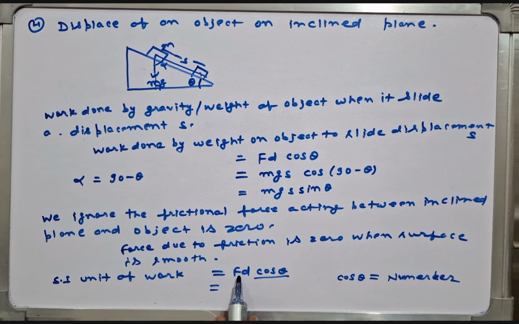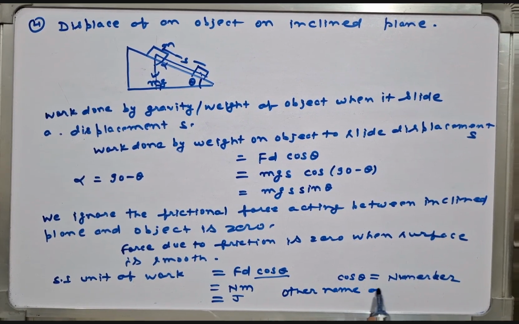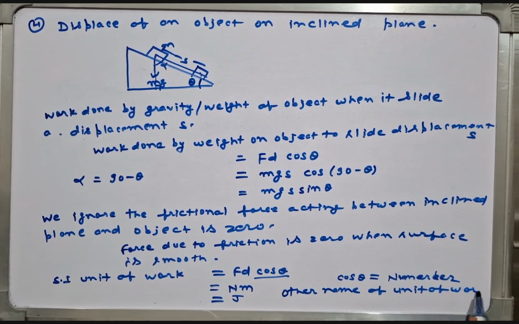Now you know the unit of force is Newton and displacement is meter, so the unit of work is Newton meter, or in a single word, the SI unit of work is joule. So the other name of the unit of work is joule.